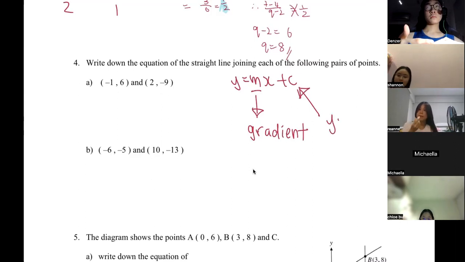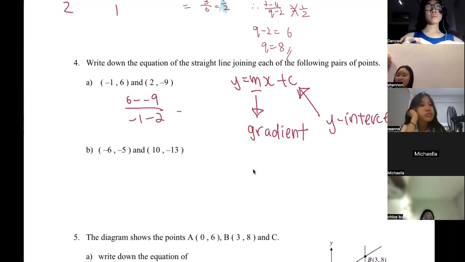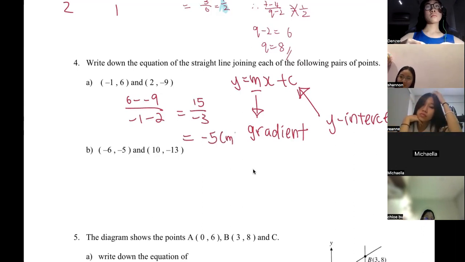Y-intercept. Y-intercept, very good job. Okay, so I'm just going to help you all with A. So find gradient first. Y1 minus Y2 over X1 minus X2 gives me minus 5. This is my M. Okay, so therefore, Y equals to minus 5X plus C.